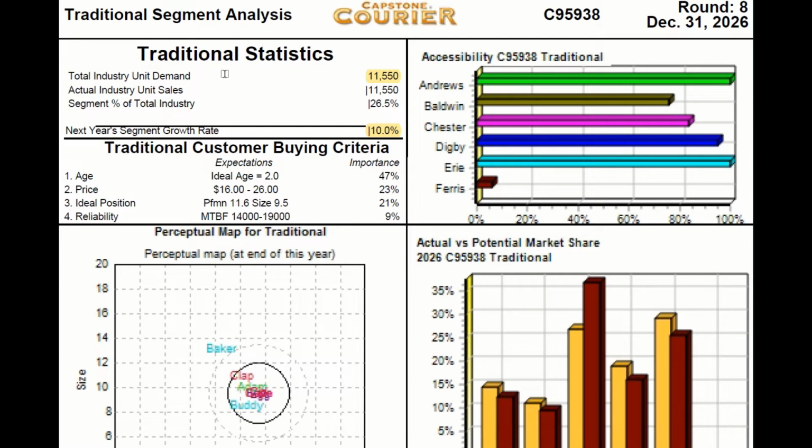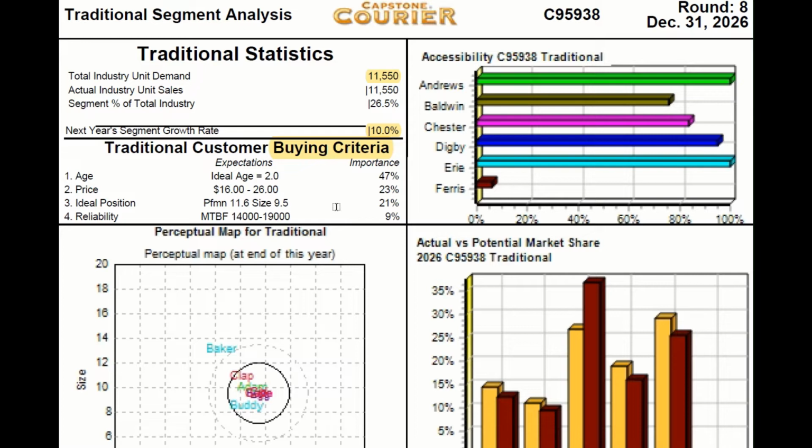The second set of KPIs, the second set of elements that are extremely important here is the value proposition, or as it's called in the Courier, the buying criteria. And so the value proposition, as we've discussed, is made up of 4 components: the age, price, position, and reliability.